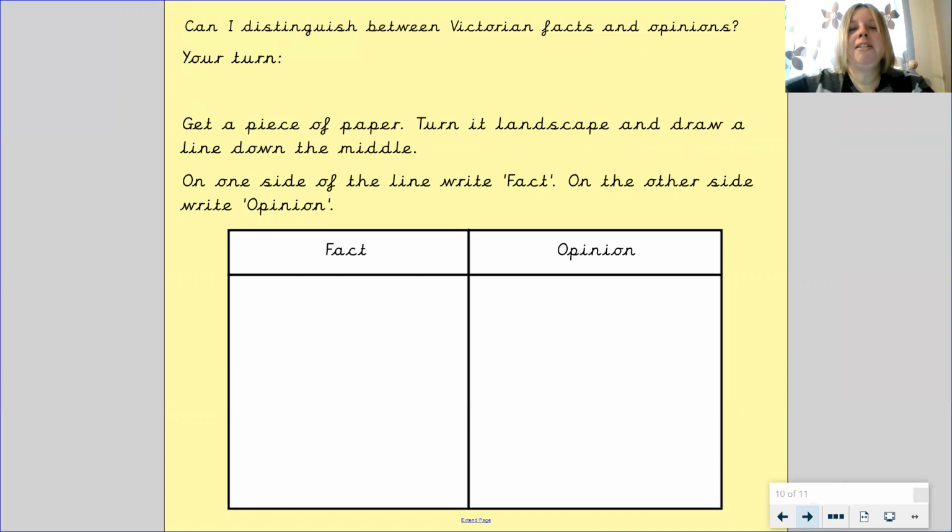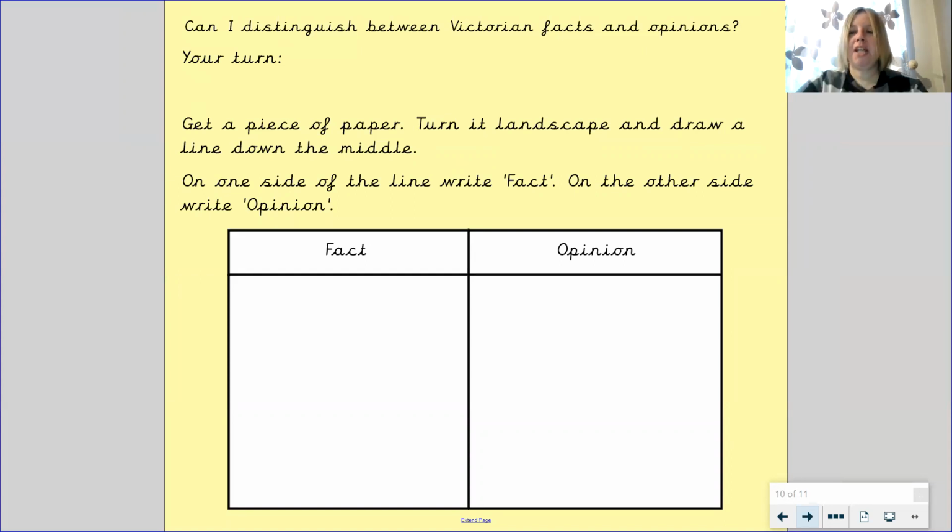When you're drawing your table, you need to use a ruler to make sure that your lines are straight. In one of the columns, you're going to write the heading fact. In the other column, you're going to write the heading opinion. Pause your video and draw your table now.